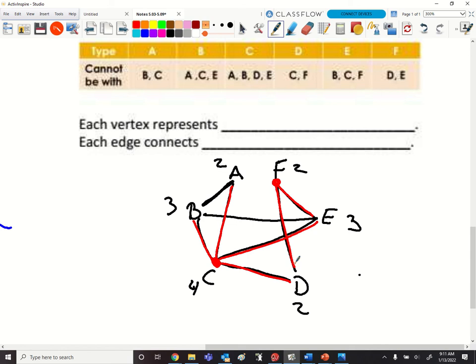So let's go ahead and change colors now. What's the next highest? E or B, they both have 3, right? So, let's see. If I go B, I'm going to go blue here. So that means this one here cannot be blue. This one here cannot be blue.